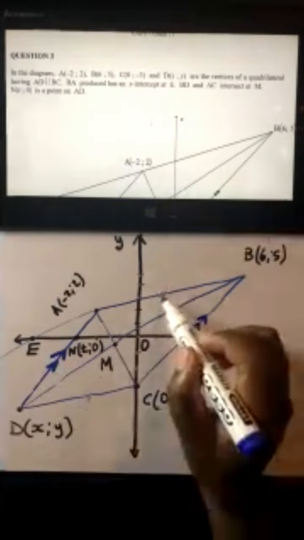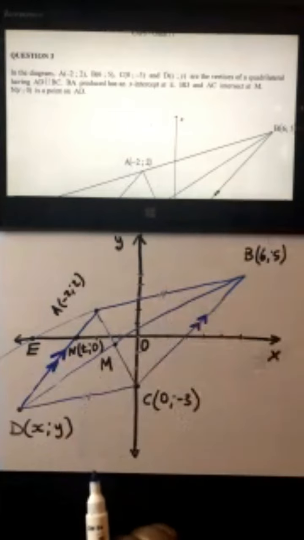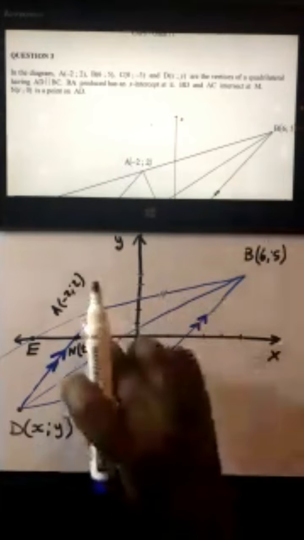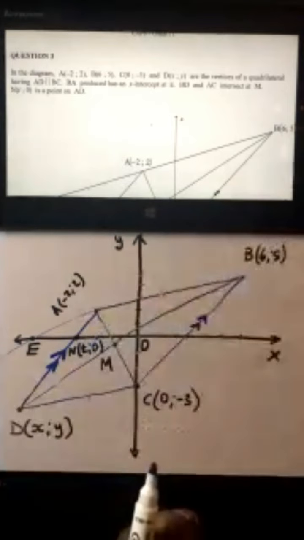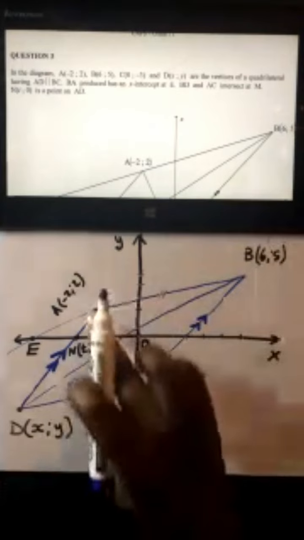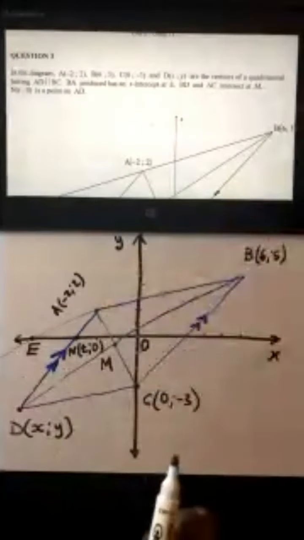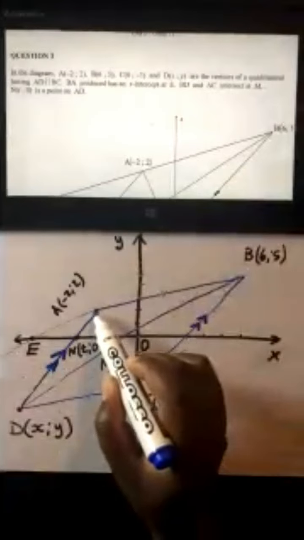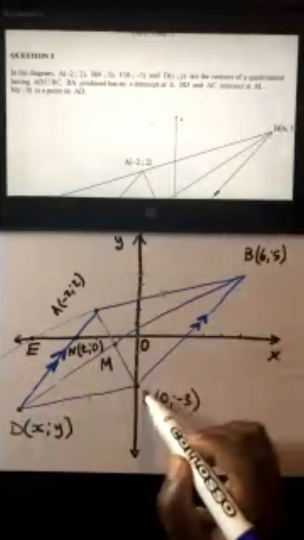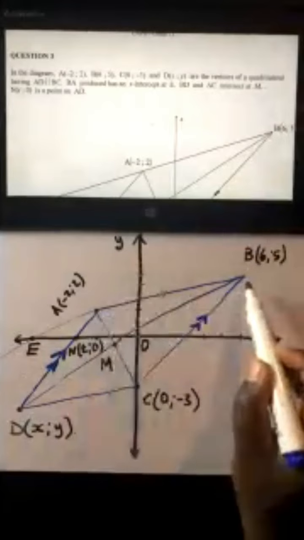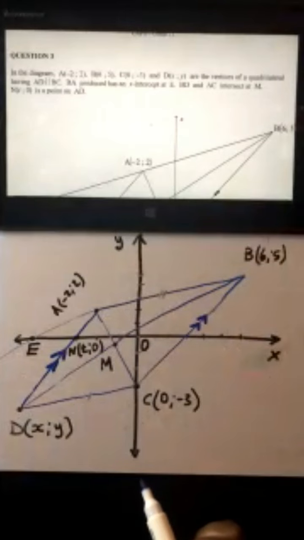The reason why they don't need to show you there, it could be because you won't need any information about those two lines in order to answer the upcoming questions. But otherwise, if you do need information on these lines, obviously, because they said the whole of this is a quadrilateral, then you know this line should be parallel to that line, and again, that line should be parallel to that line.